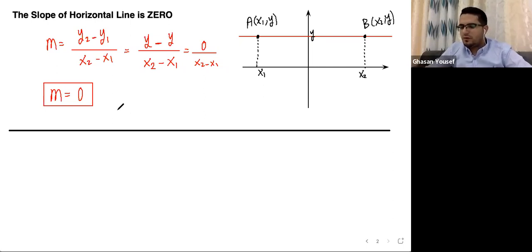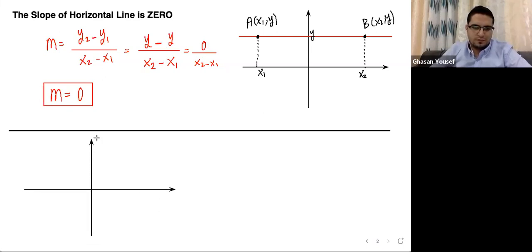Okay, we also have two cases for different lines. Any line of this form, like this, I'm going to graph on the Cartesian plane. And also another one like this.